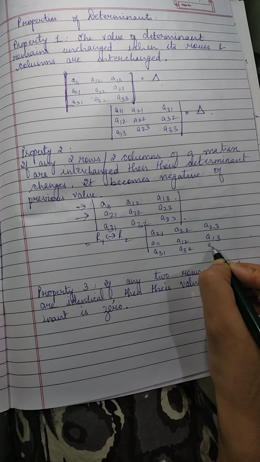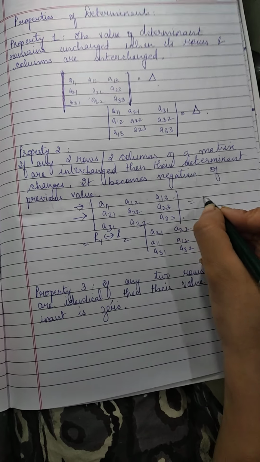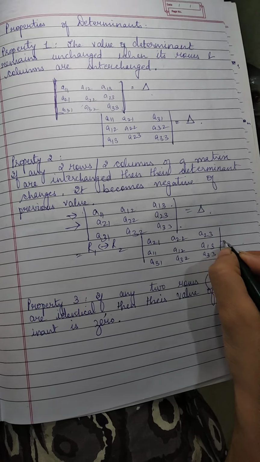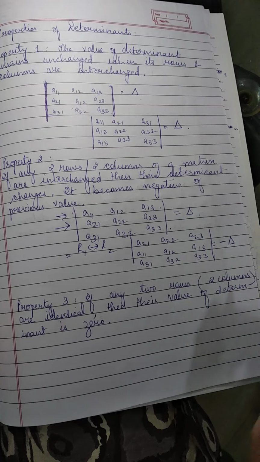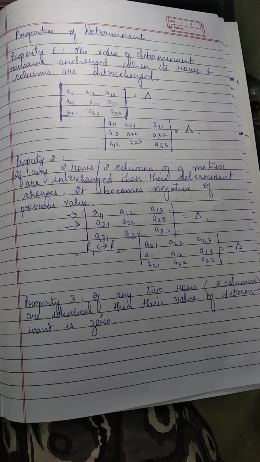Then if this determinant value was del, this determinant value will become negative of del, right?